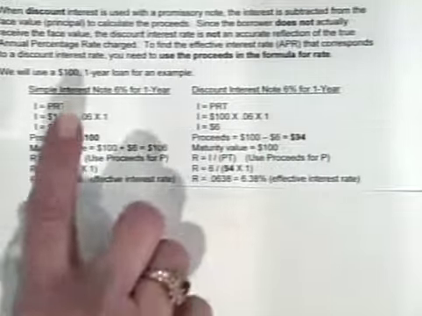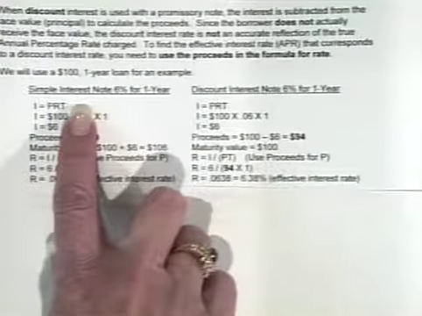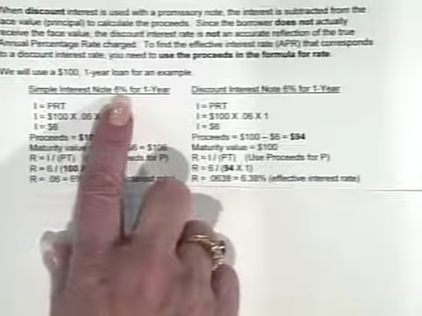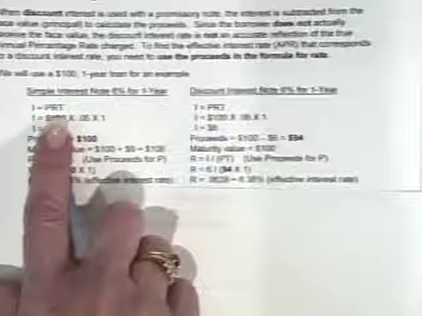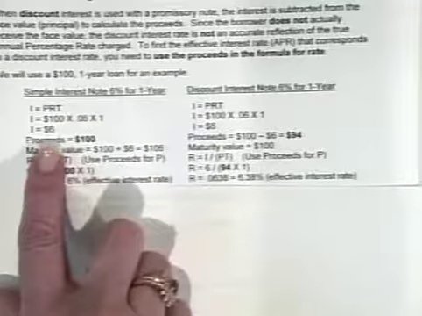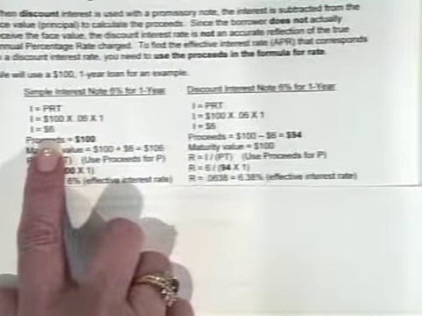Let me get it up on the screen, and then let's look at it together. What I have on the right-hand side is a simple interest note, 6% interest for 1 year. We calculate the interest, I equals PRT. The interest for that would be $6.